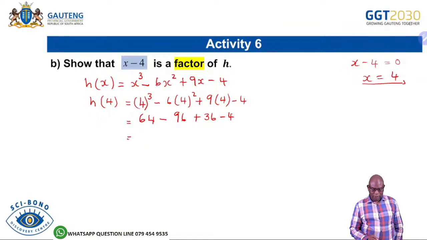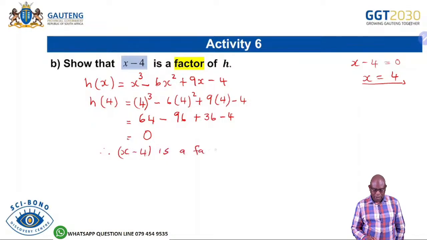Then if I add 64 and 36, I get 100. 100 minus 4 is 96. 96 minus 96 is 0. Then I can say x minus 4 is a factor of h. Okay.